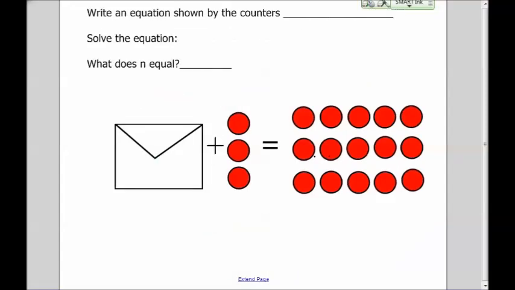Okay, here's another one. I have something in the envelope. I'm adding 3 to it, and I'm going to get 15.